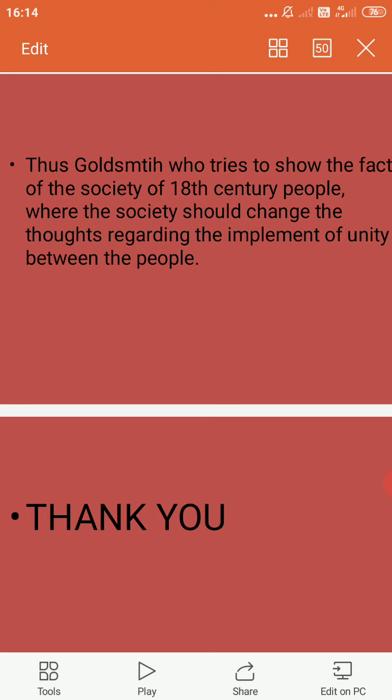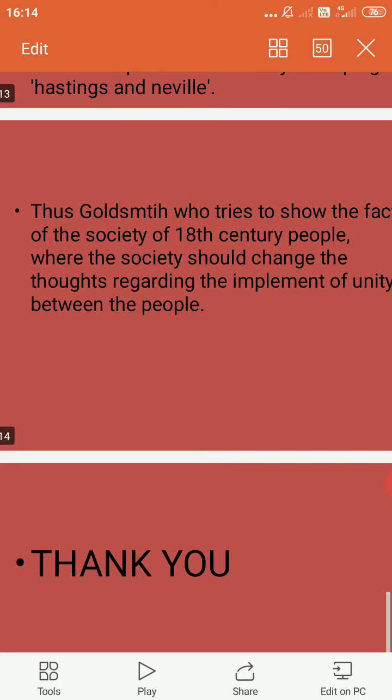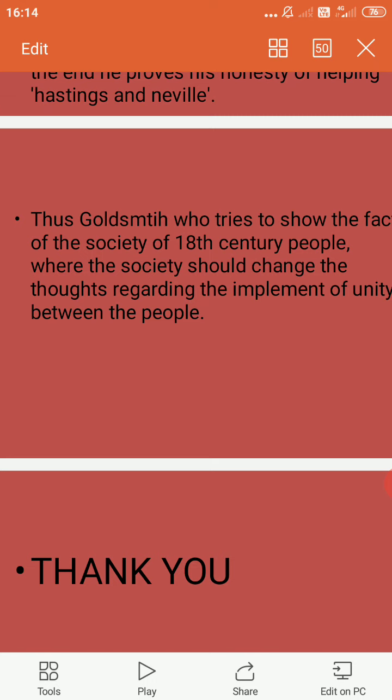In my third class, I gave you the clear critical analysis of this drama, She Stoops to Conquer: the whole thing about the society, how the 18th century was run, what the society expected from the people, what Oliver Goldsmith expected from the people, and what he reflects in the English society.